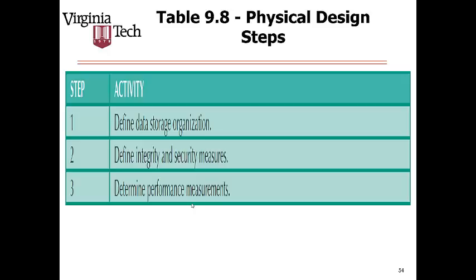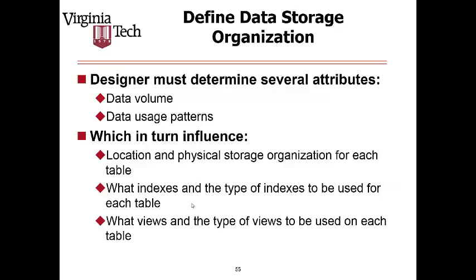Well, there's really three overall steps. Define how the data are actually going to be stored. Check and review your integrity and security approach, and then evaluate your performance measures.